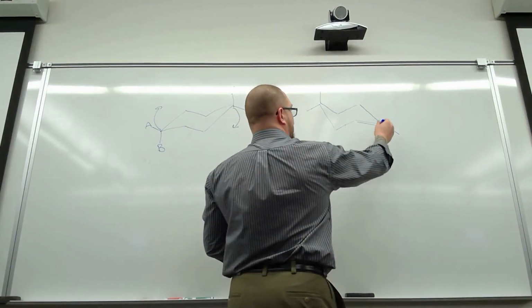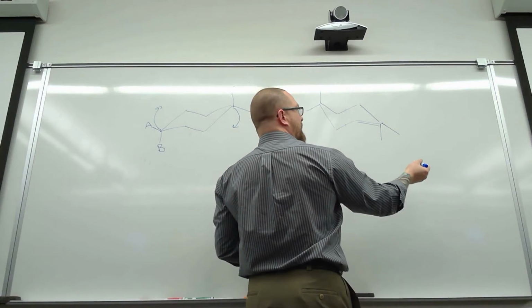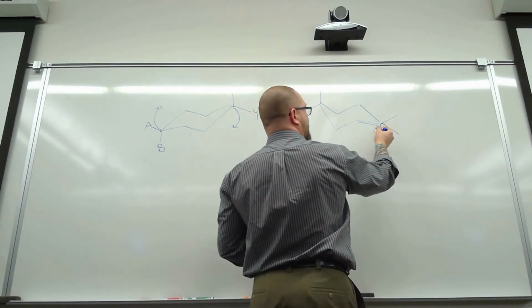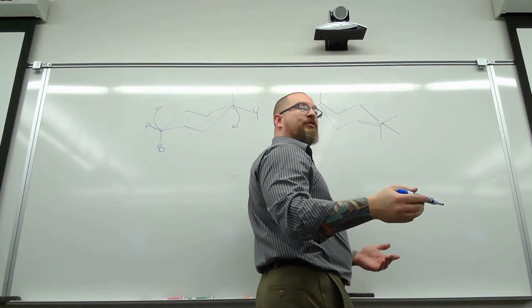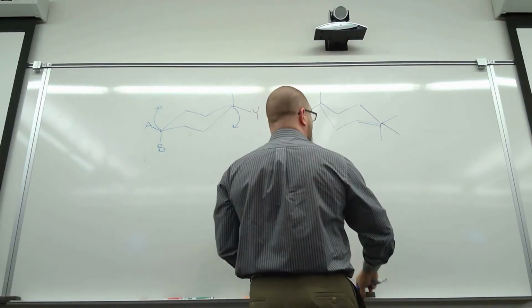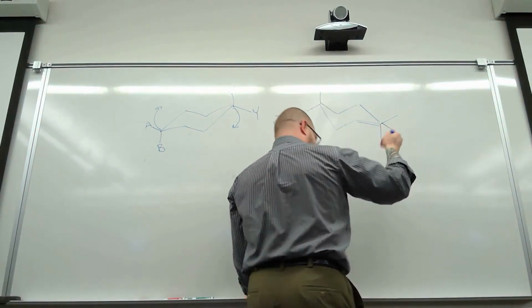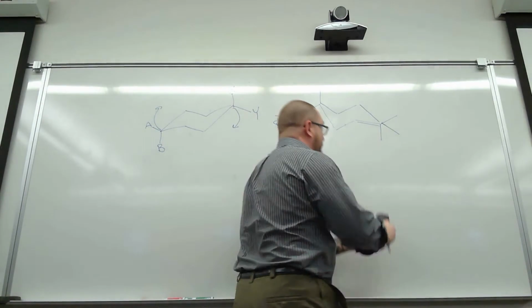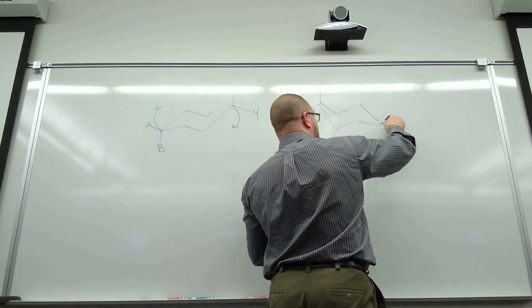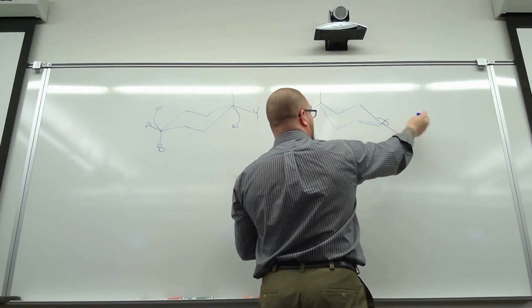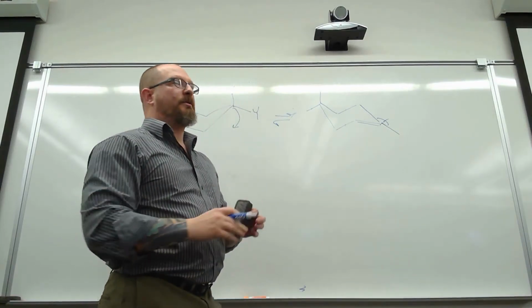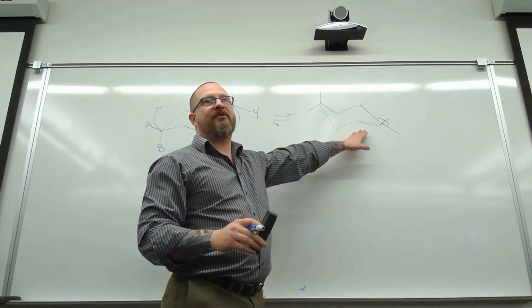You're not going to want to give that this location or this location, because that double bond's not going to support a tetrahedral structure anymore. It's going to support a trigonal planar structure with close to 120 degrees, even though the double bond's going to swing that a little bit.